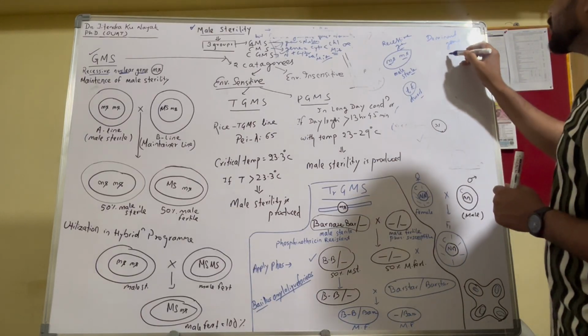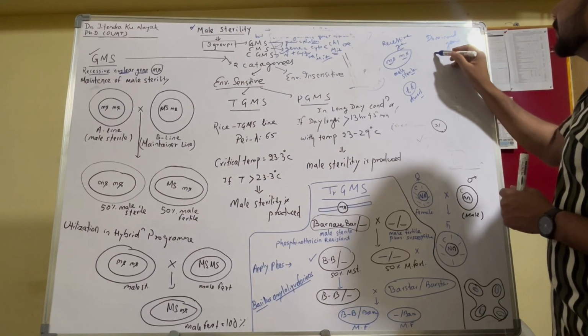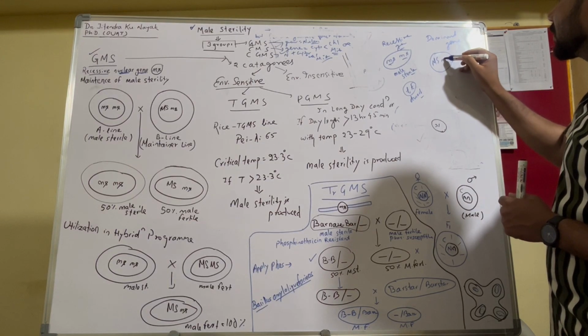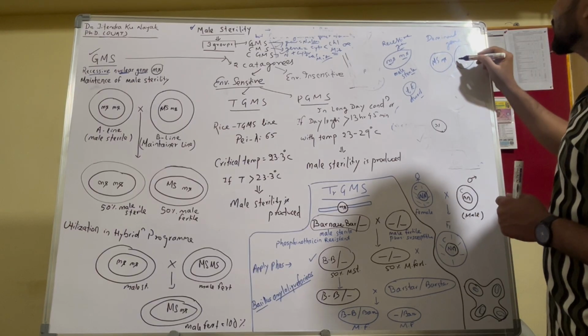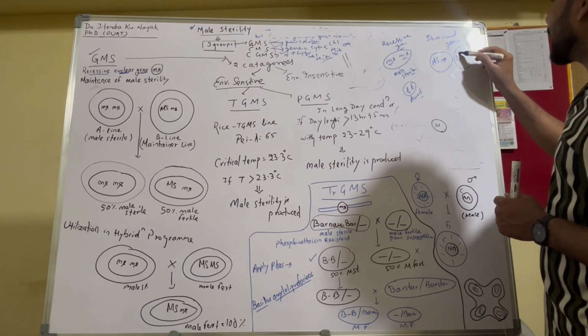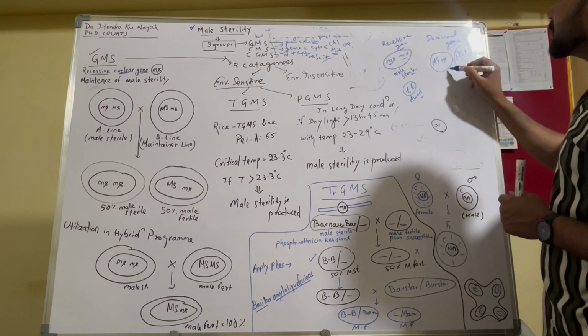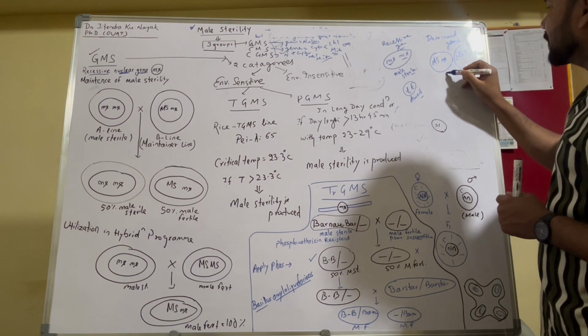But the dominant gene will be expressed in both the heterozygote condition as well as the homozygote condition. So dominant gene means this becomes male fertile.